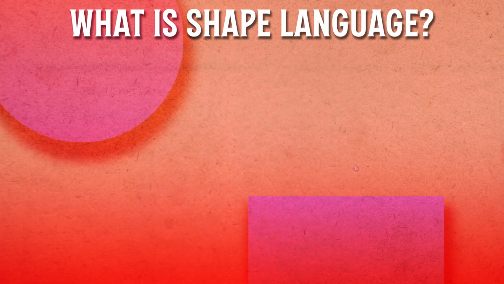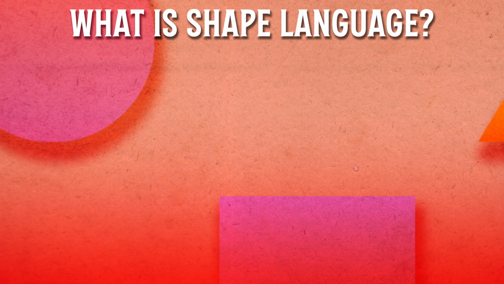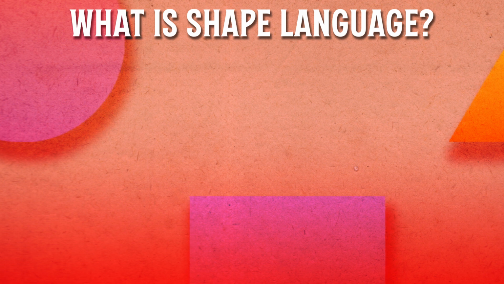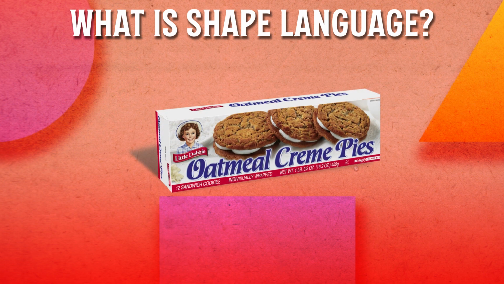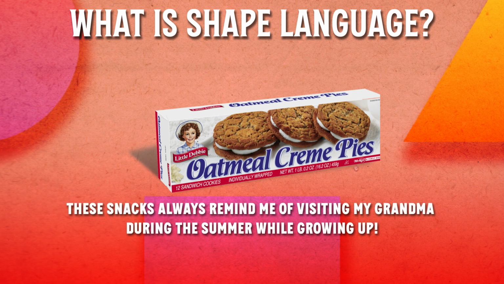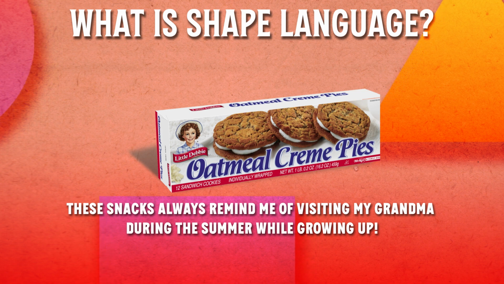Now let's take a step further in the direction we want to go. Shapes can, whether we know it or not, speak to the mind and help us piece together certain concepts with those shapes. Kind of like how you can smell or taste something and it transports you mentally back to a point in time, like a specific memory from your childhood or something. Character designers take full advantage of that with shapes.